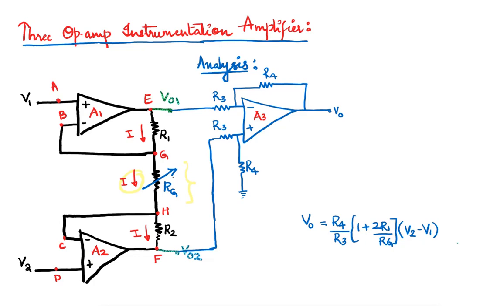Or I can represent in terms of R2 as V out equal to R4 by R3 into 1 plus 2 times R2 divided by Rg into V2 minus V1.